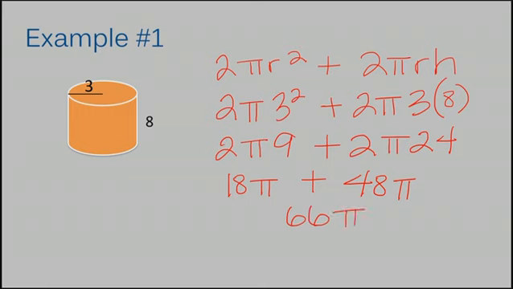Now, let me say something. This answer, 66 pi, is actually more accurate than the answer that I'm going to get in my very last step. Let me explain why that is. When we're dealing with the number pi, we're always using it as an estimation.